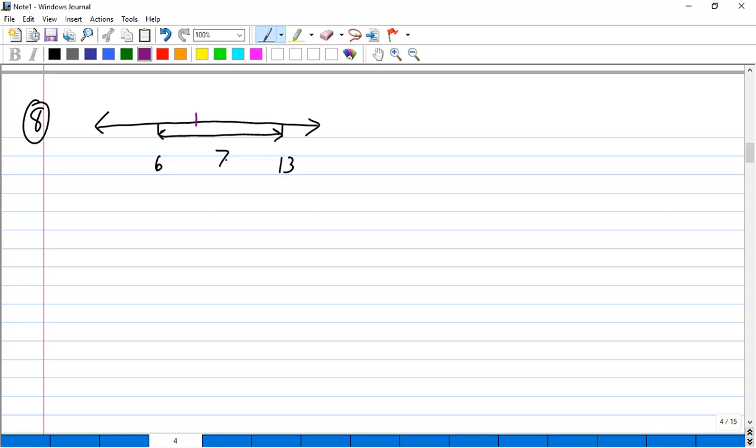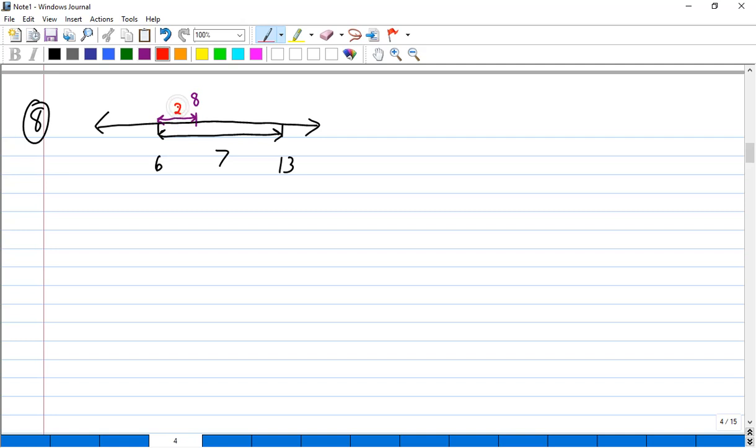So remember, this 7 doesn't stand for the number 7 on the number line. That's the distance between 6 and 13. Now, 8 would be somewhere, let's say 8's right here. If 13's here, 6 is here, 8's probably about right there. So what part of that is between 6 and 8? Well, that's 2 inches. So that's 2 inches there.